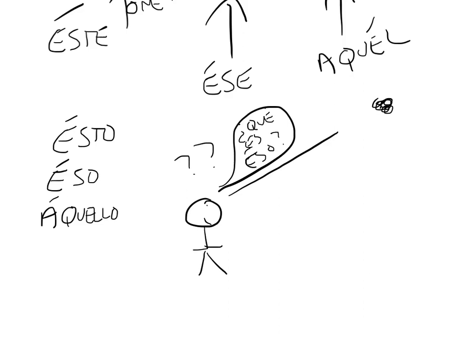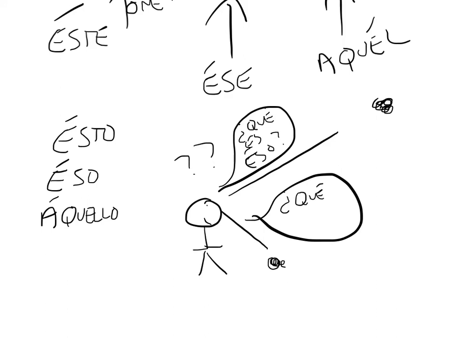What is that? What is that over there? And say he sees something a little closer to him. He might say, ¿Qué es esto? What is this? And that's all you have to remember.